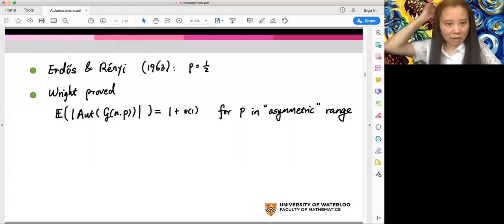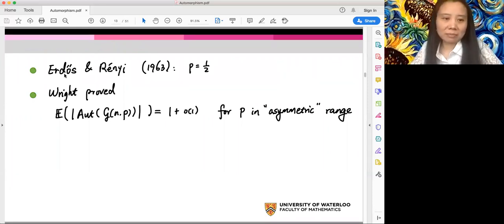All right, and a bit of history of this result. The special case when p equals a half was given by an earlier paper by Erdős and Rényi, 1963. That's just three or four years after the introduction of random graphs.